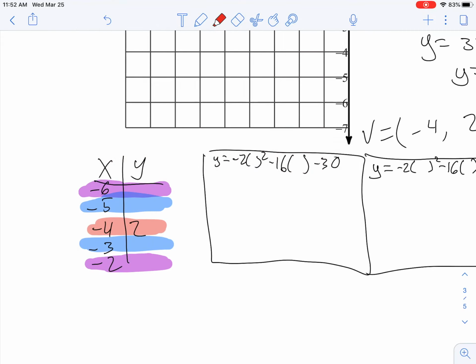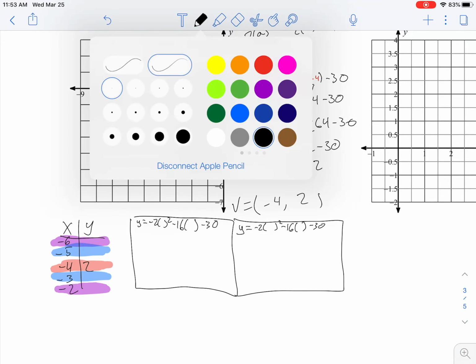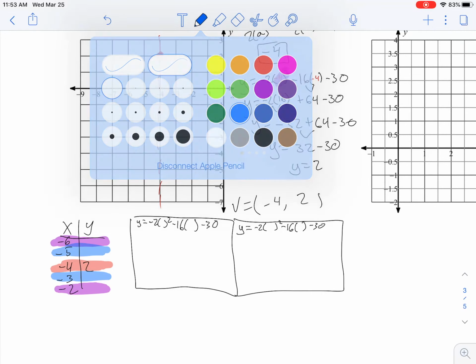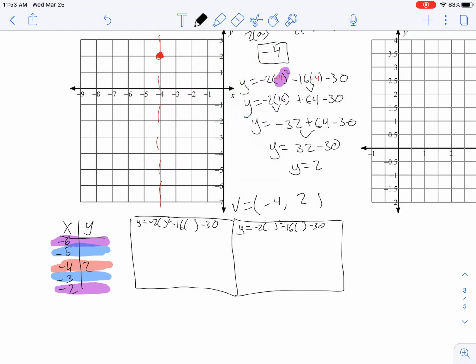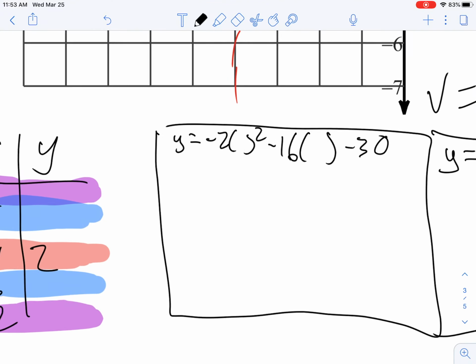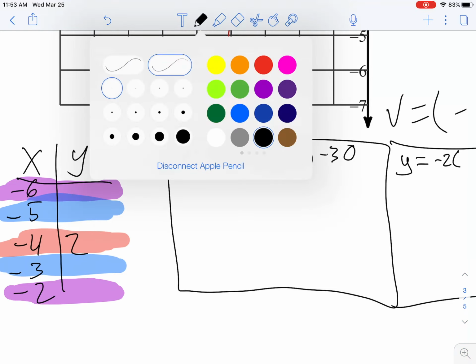And again, we did the vertex in red already. And part of that is because our axis of symmetry, right, those points are going to be reflected. So 1 away is going to reflect with 1 away, 2 away is going to reflect with 2 away. I'm going to use -3 and -2 just because they're smaller than 5 and 6 in terms of absolute value. It should be a little bit simpler to work out.